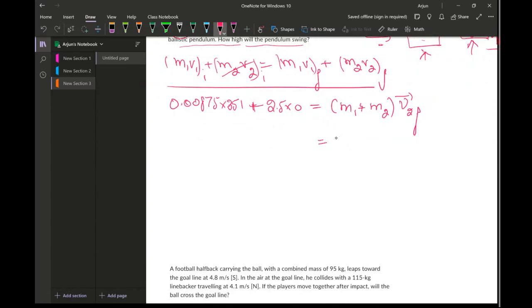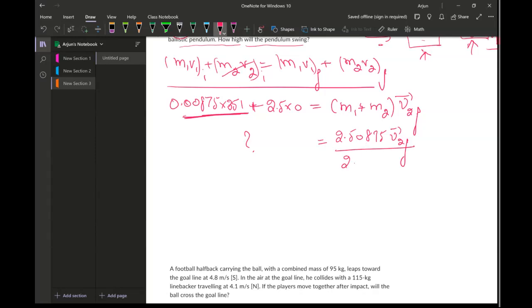Now this mass will become equal to 2.50875 V2 final.